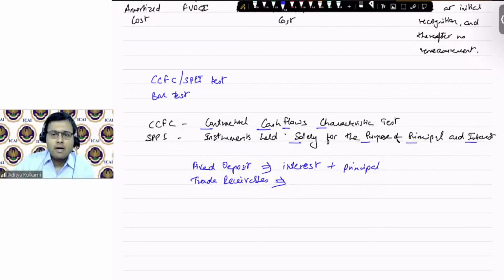So in a normal trade receivable transaction, will you receive interest? Answer is no. But why don't you receive interest? Because the duration of the credit is so short that time value has no relevance. And because time value has no relevance, can I say that interest is zero?